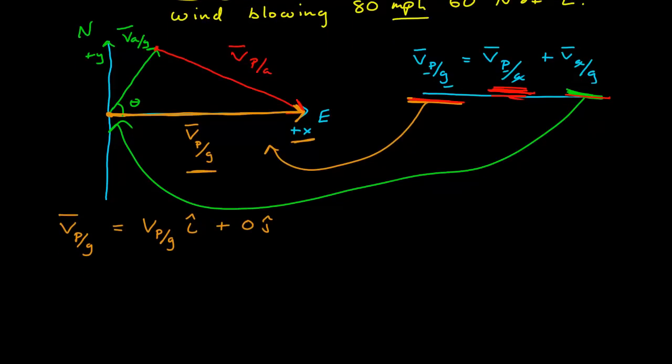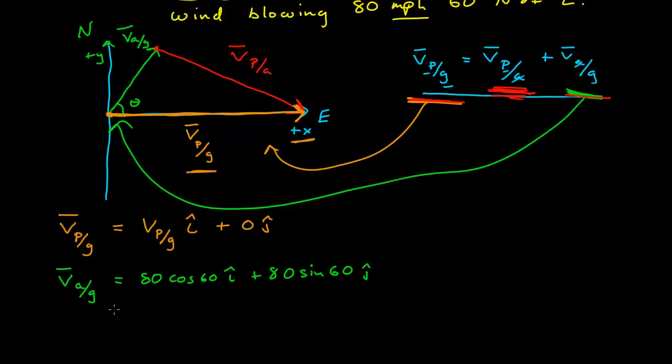We know that the velocity of the air relative to the ground is equal to 80 cosine of 60 degrees i hat plus 80 sine of 60 degrees j hat.